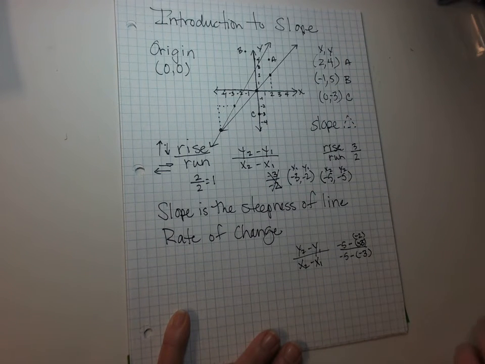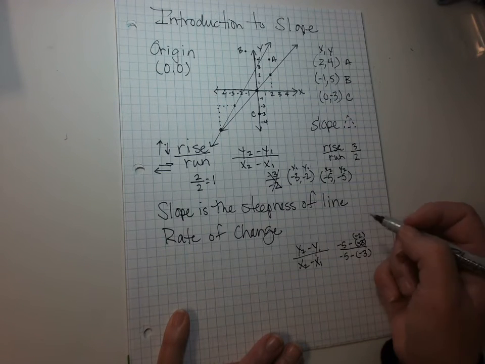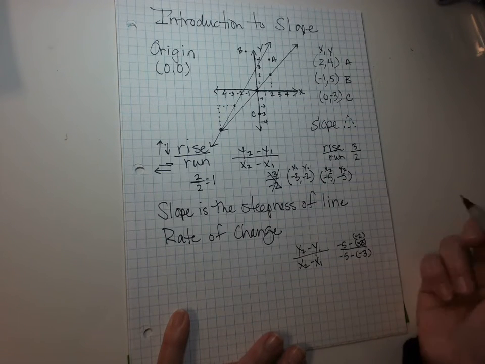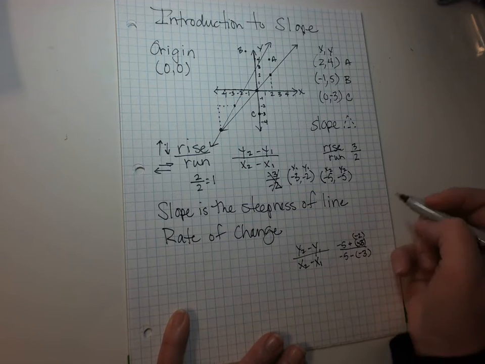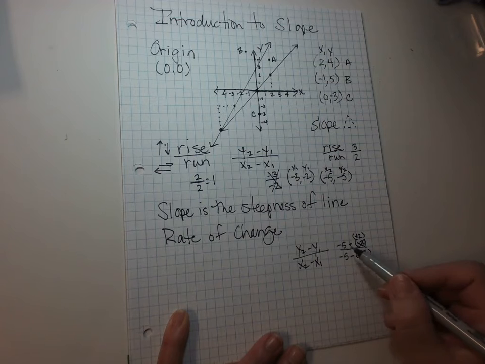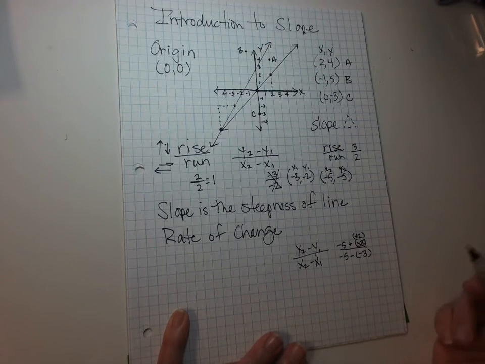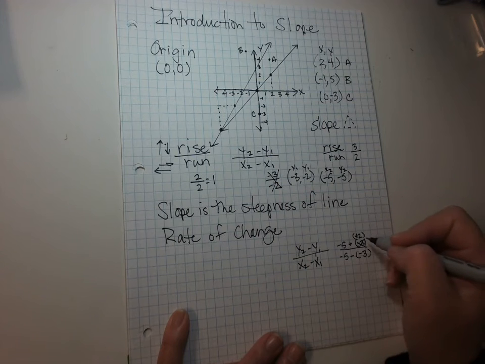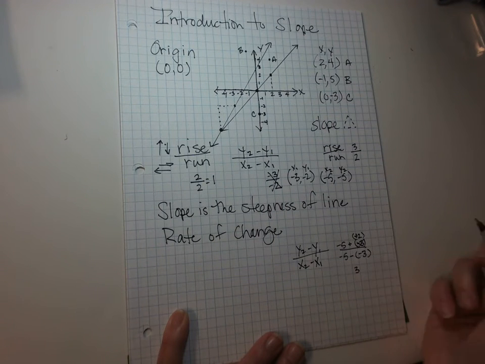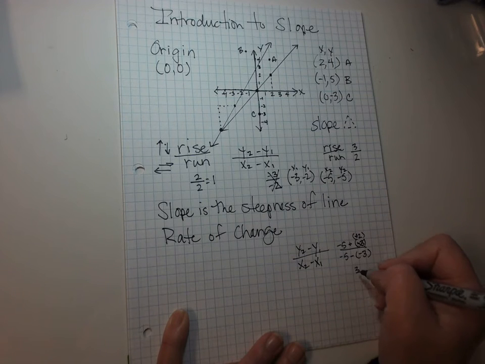For us to simplify that, we have to do keep, change, change. So it stays -5, and we change this to plus and change that to positive. When the signs are different, you subtract and keep the sign of the bigger number. So 5 minus 2 is 3, and you keep the sign of the bigger number, which happens to be -5.